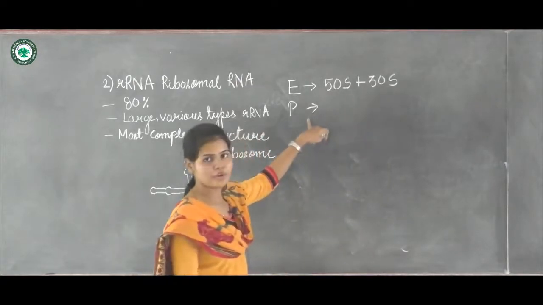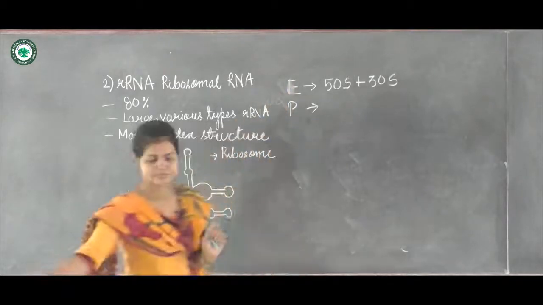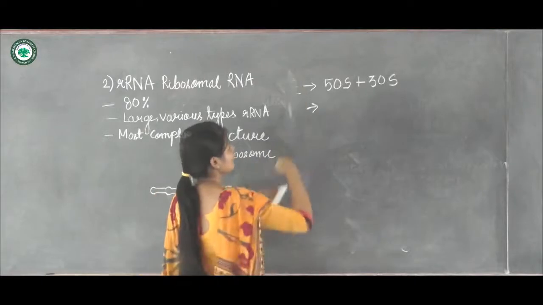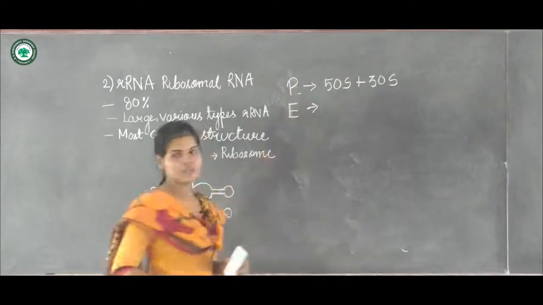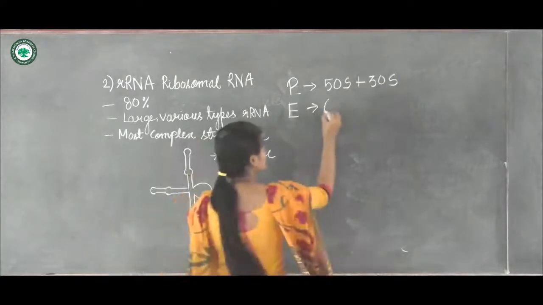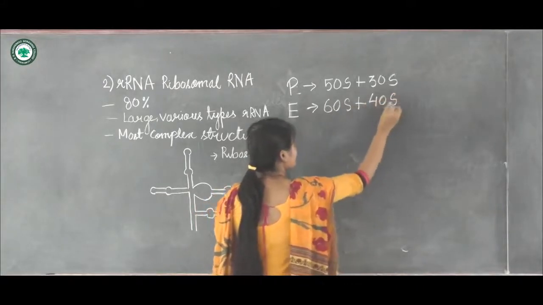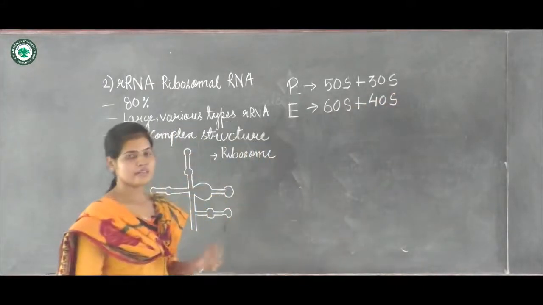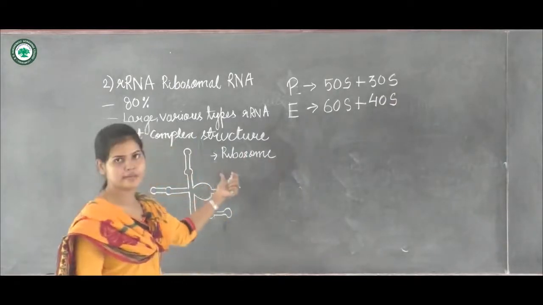And in the case of the eukaryote, it is made up of two subunits, that is the 60S plus 40S subunit. In these subunits, there is presence of different rRNA.